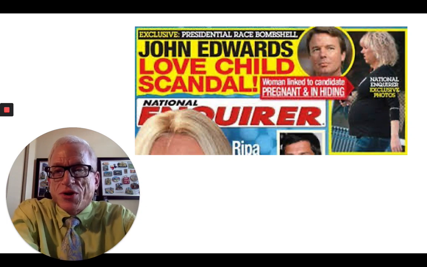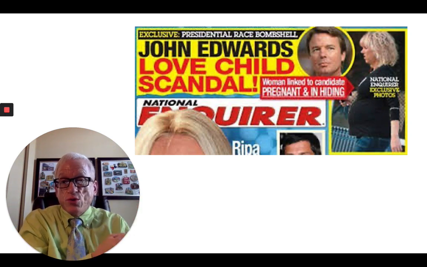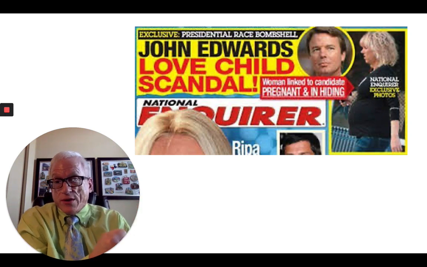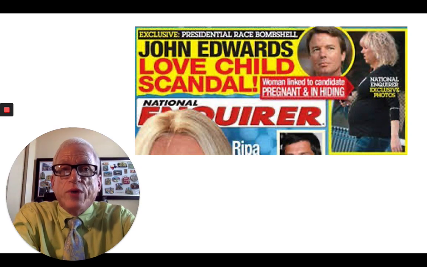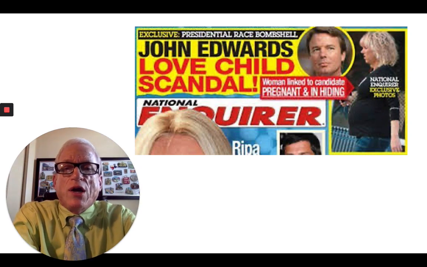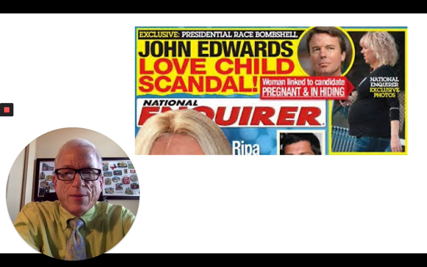And the National Enquirer kept saying, look, we finally have proof. Here is a picture of him holding a baby next to Rielle Hunter, who's no longer pregnant, so clearly this is her baby. But nobody said anything. Nobody cared. And then about 3 days later, John Edwards held a press conference and basically said, hey, by the way, this is my love child, and I have to come out and admit it.